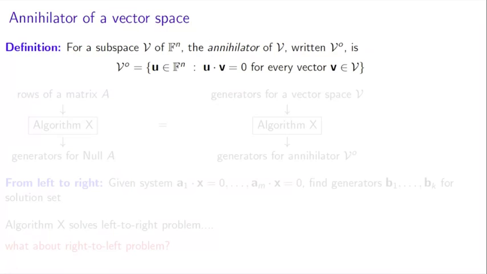Now that we know a little about the annihilator, let's return to thinking about converting between representations of a vector space.